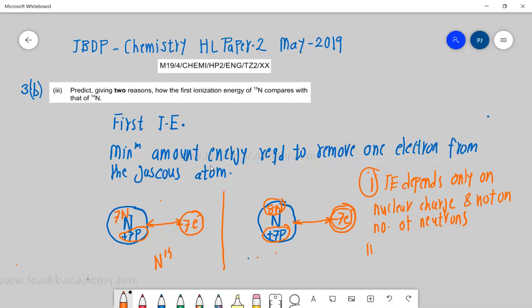And the second reason: in case of N14 and N15, nuclear charge remains the same.